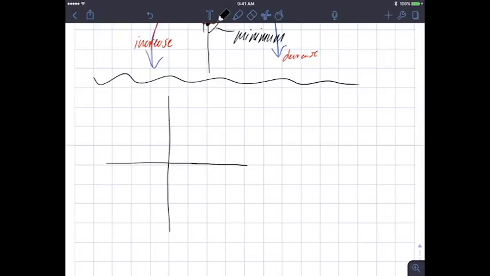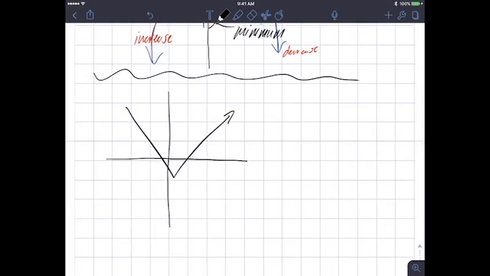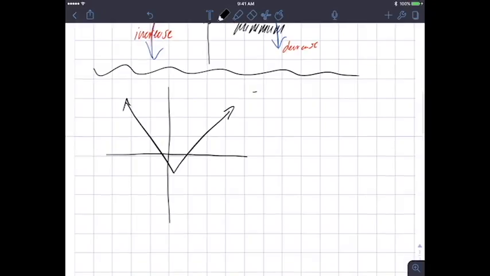Say we have an absolute value that looks like this. Okay? Well, we know by looking at it, it both decreases and increases. We know that it does have a minimum right here.